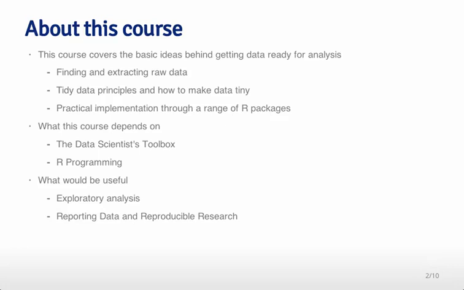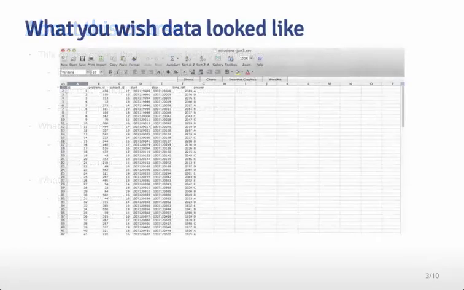It would also be useful if you've taken some exploratory data analysis and also maybe the reporting data and reproducible research class. Exploratory data analysis is relevant because you might want to plot some of the data while you're doing data cleaning. And reporting data and reproducible research cover creating scripts that will reproduce your analysis, which is an important component of cleaning data. But these aren't required for you to be able to follow the course.